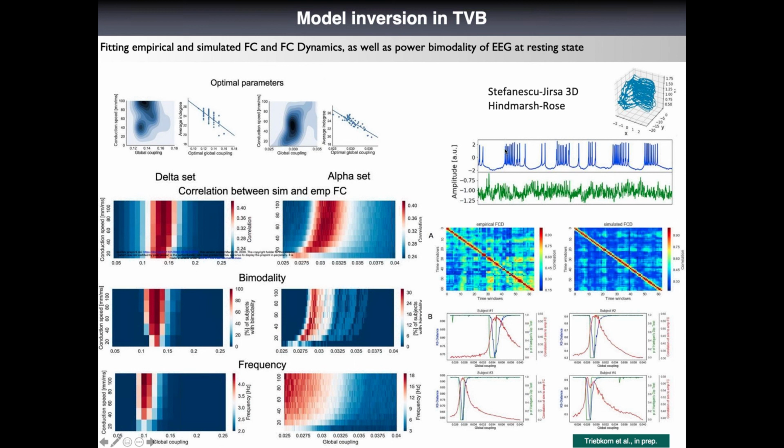All of these three measures, functional connectivity, functional connectivity dynamics, and the bimodality of power, converge to a similar range of parameters for global coupling and speed. Again, this points to a specific regime for brain dynamics that is close to criticality or to metastable dynamics, an ideal equilibrium between flexibility and stability.